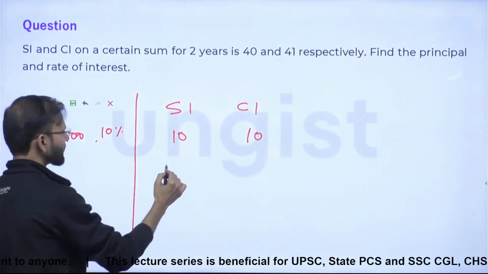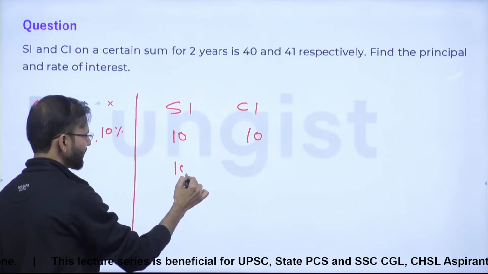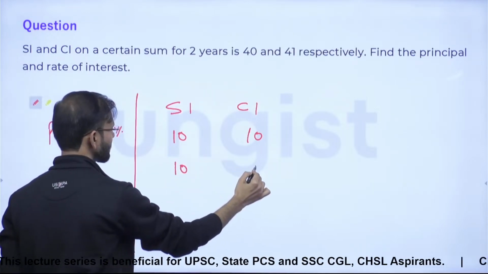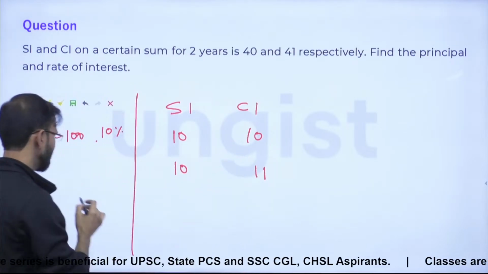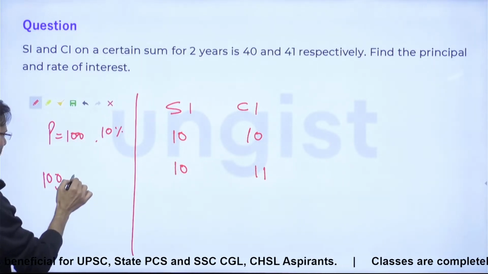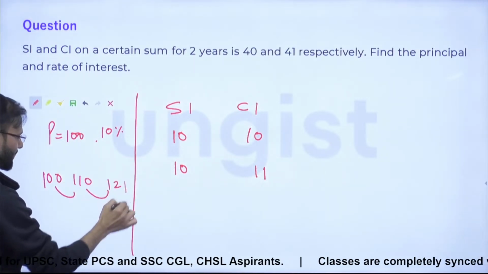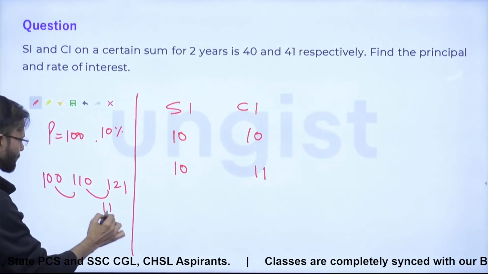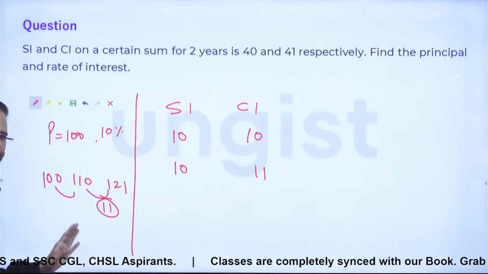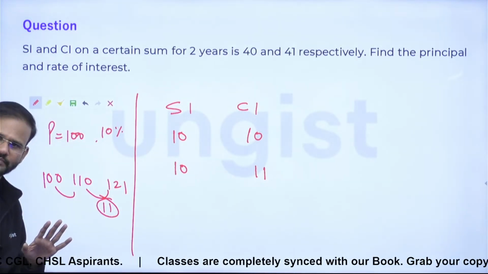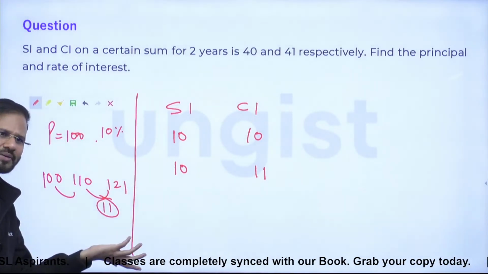In second year, SI is 10 rupee, but CI will be what? 11 rupee. Why? Because 100 becomes 110, then it will become 121. Right? It means this was increased by 11 actually. Everybody clear? This we have discussed several times, right?